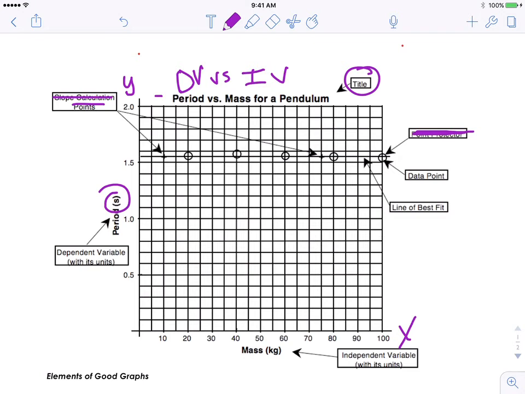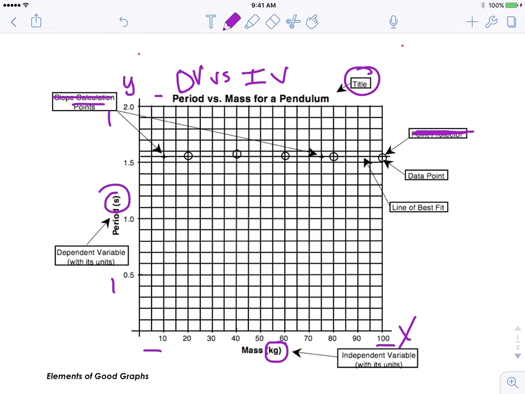And then for mass, we use the unit kilogram. Again, you can see that it is here in between these parentheses. So all of the values here on the x-axis are in units of kilograms. And the same thing with the values here on the y-axis. These are all in units of seconds.